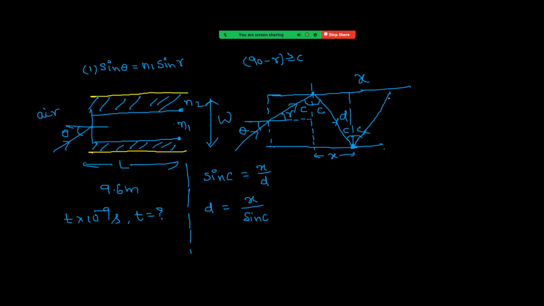Then d plus d plus d plus d, if you take the sum of all this, we get the distance traveled by light inside this.